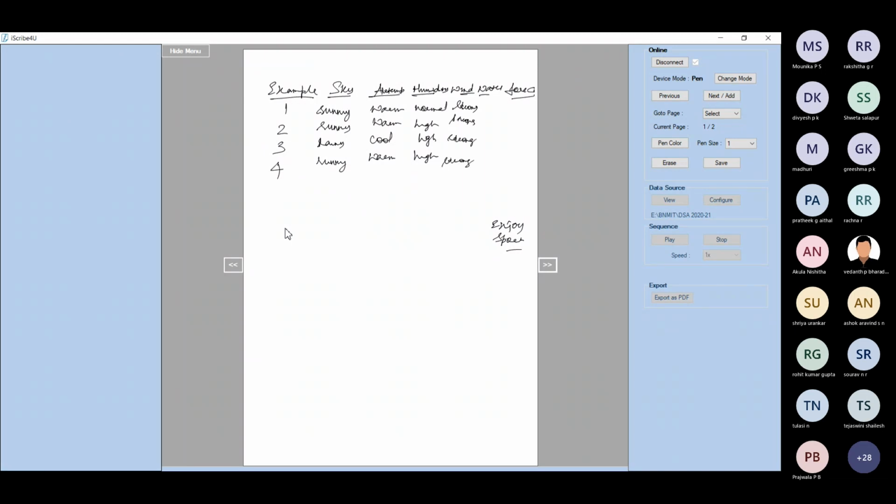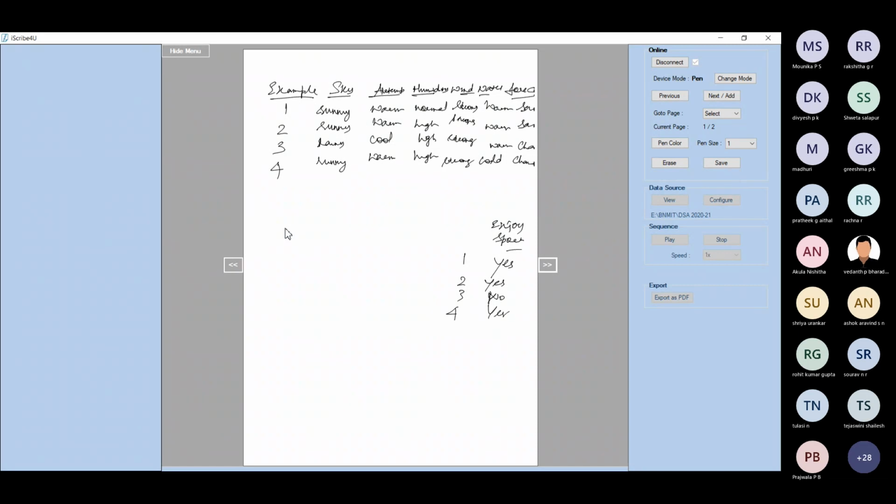I'm just scribbling it. Water is warm, warm, warm, and then finally it is cold. The forecast is same, same, change, and change. I could not write the column there, so I'm just writing the 4 rows here. It is yes, yes, no, and no.